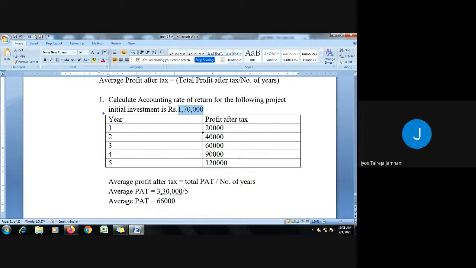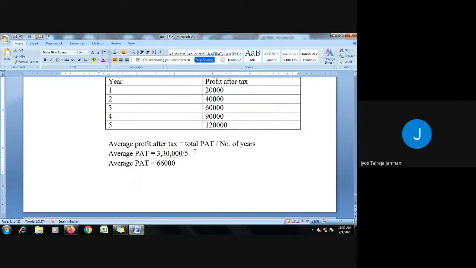We need it in percentage, so we will multiply it with 100. The entire thing first we need to divide, and then multiply with 100.